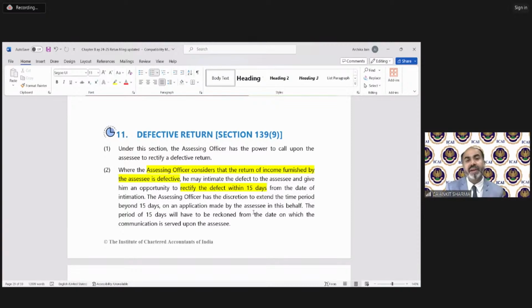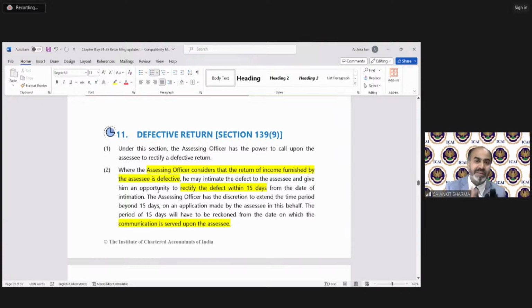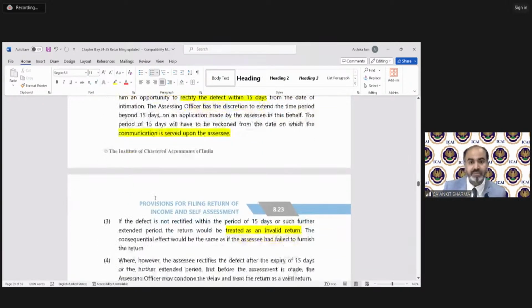The period of 15 days will have to be reckoned from the date on which the communication is served upon the assessee. Suppose the assessing officer issued notice on 15th of December, received by the assessee on 20th of December. So this 15 days limit will be counted from 20th of December, the date the communication is served upon the assessee.